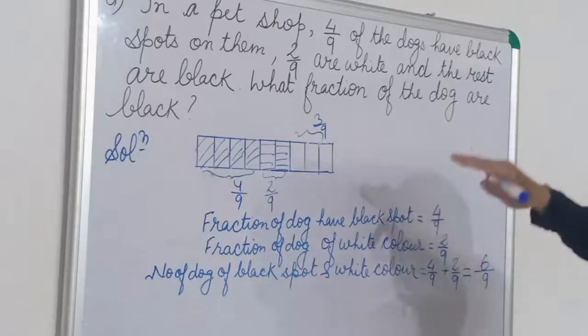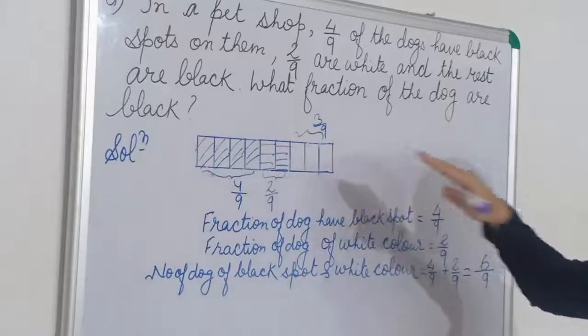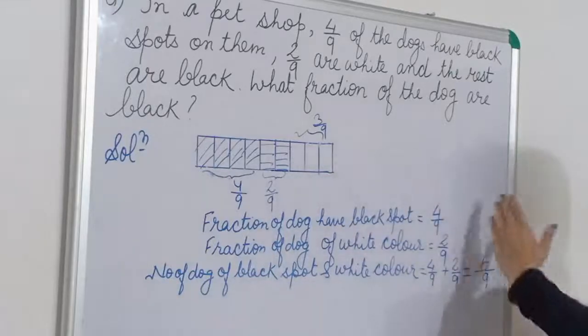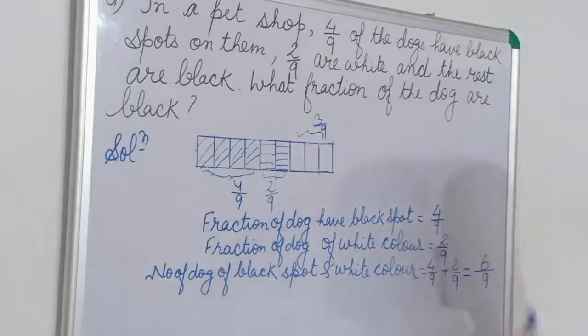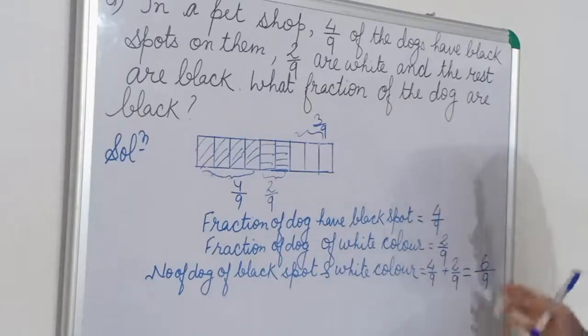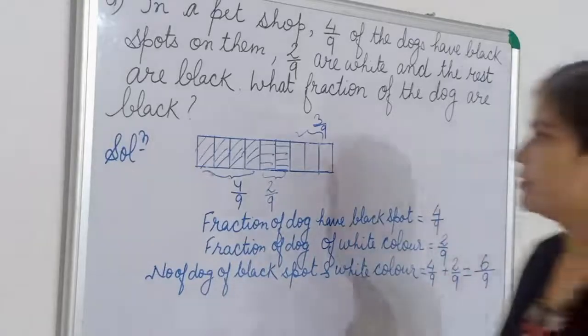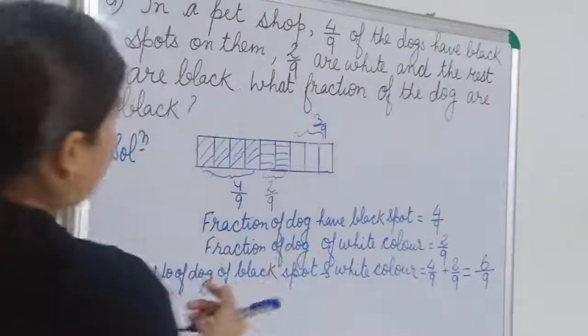Now we have to find the dogs which are of black color. If I subtract this number from the whole, then we can get the number of dogs of black color. So the next part is to do the subtraction.